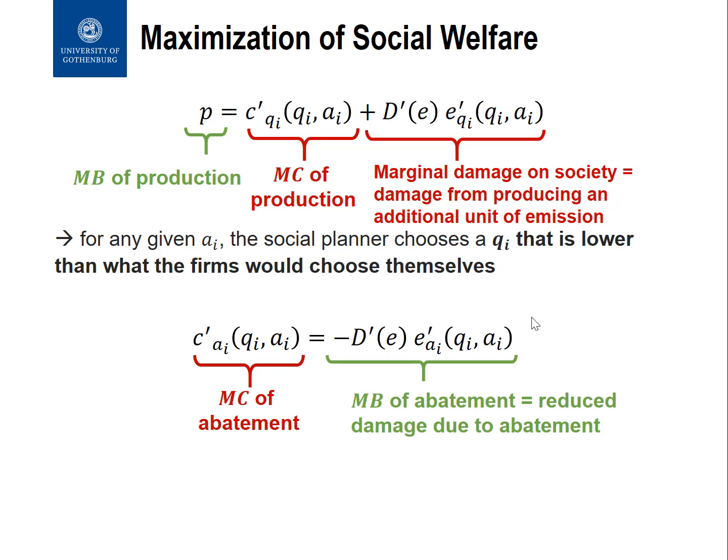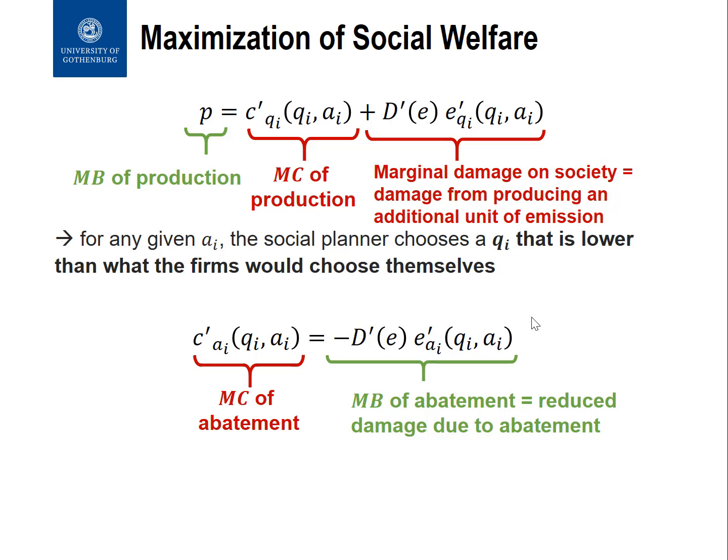The second condition says that the social planner equates the marginal cost of abatement with the marginal benefit of abatement, which is the lower marginal damage from emissions, because higher abatement induces less emissions, which implies less damage from emissions. Remember that before, with no regulation, we had a zero marginal benefit from abatement from individual firms' point of view.